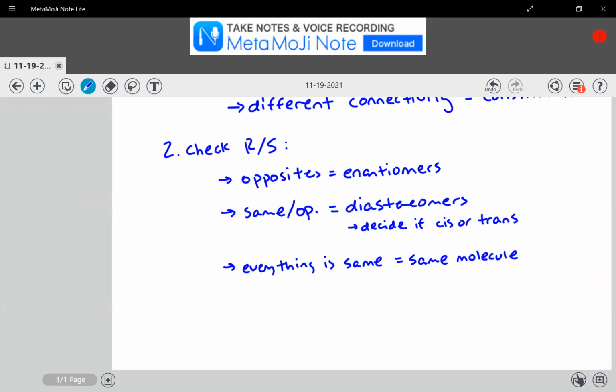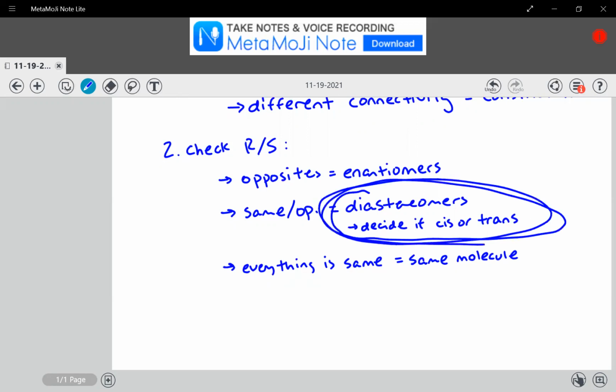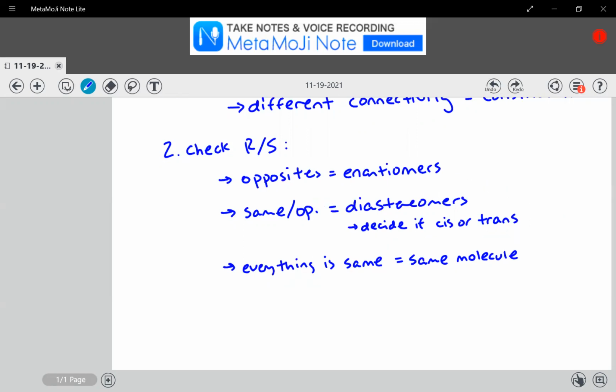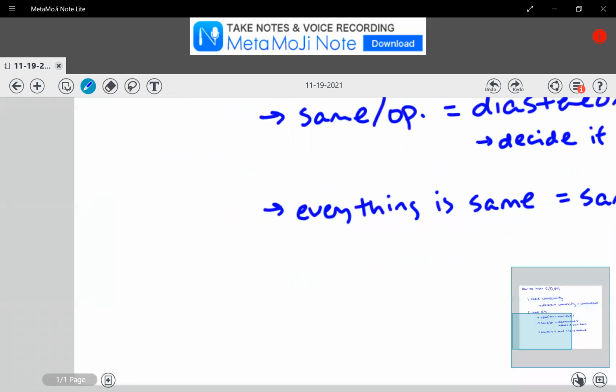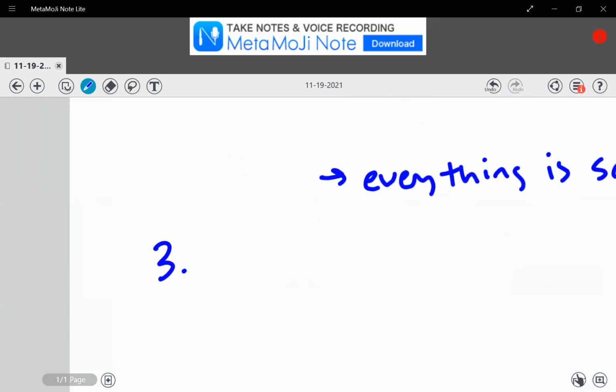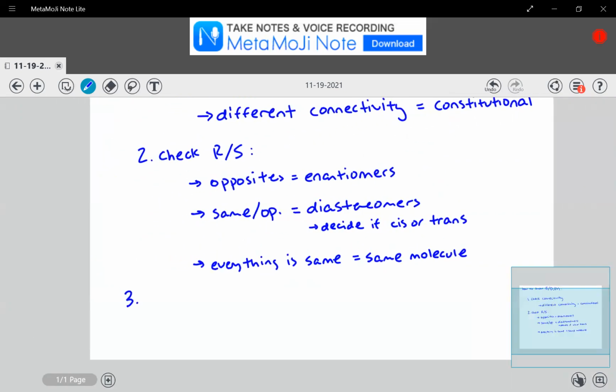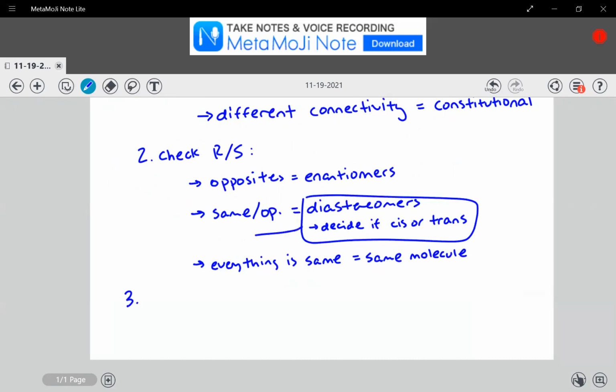You checked your R and S. Everything is great, but you've got to do one more check just in case, and that is to check if you have a meso compound. Remember that meso is a type of diastereomer, essentially. So if you've got a diastereomer, then you can check if it's meso. Only move on to step 3 if you've got a diastereomer.